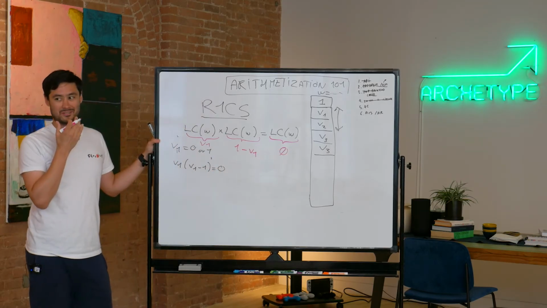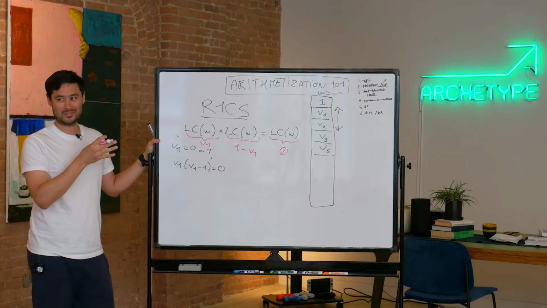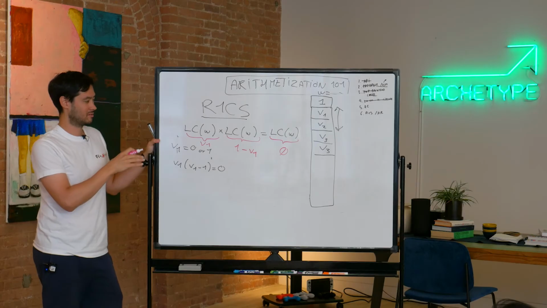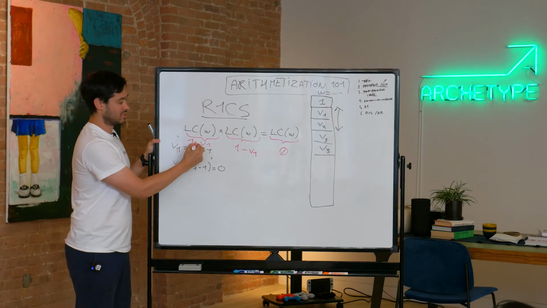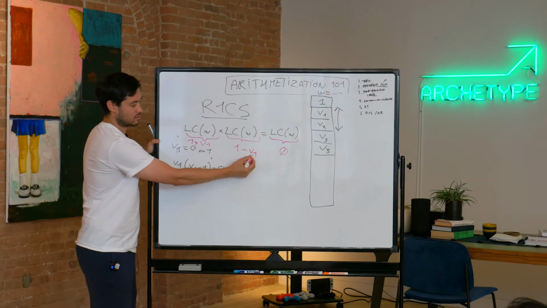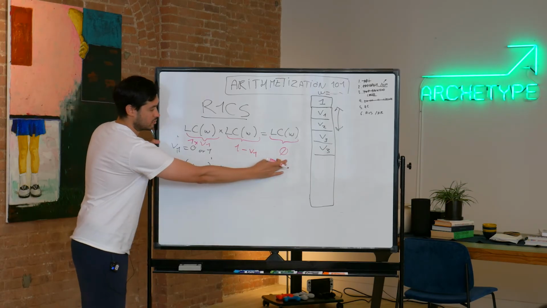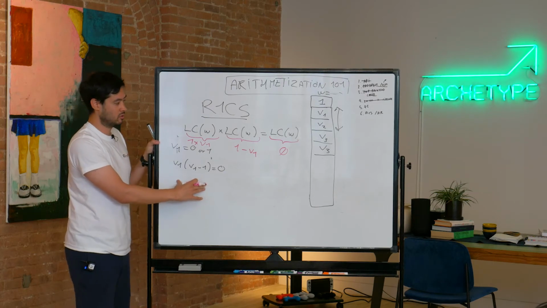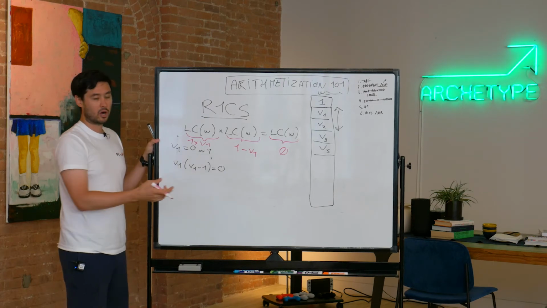Okay, so I got an answer, so that means I wasn't saying too many bad things. Does that make sense? Here we just have 1 times V1. Here we have a constant and minus 1 times V1. And here we have 0, and we do end up recreating the bit constraint that we wanted to do in the format of R1CS.